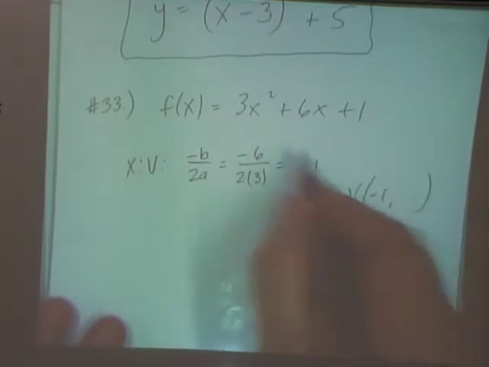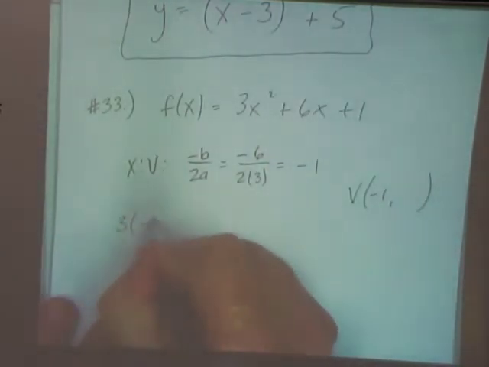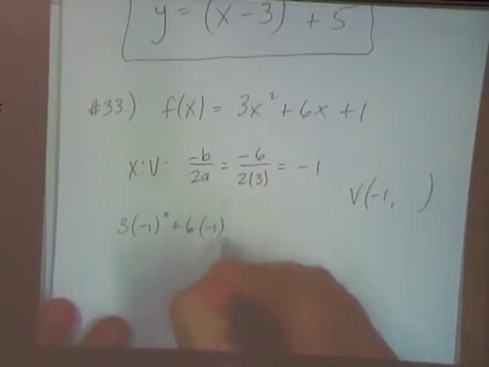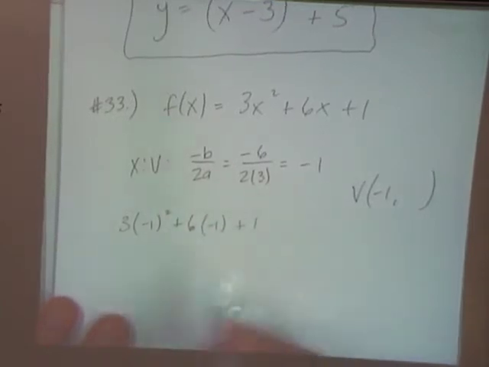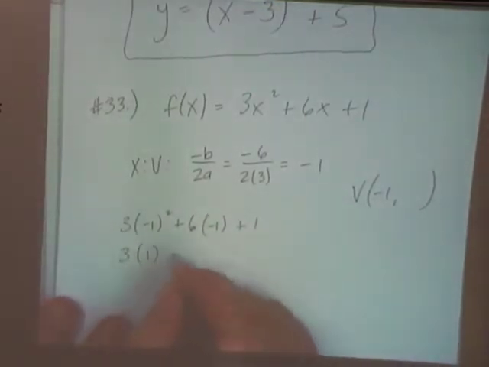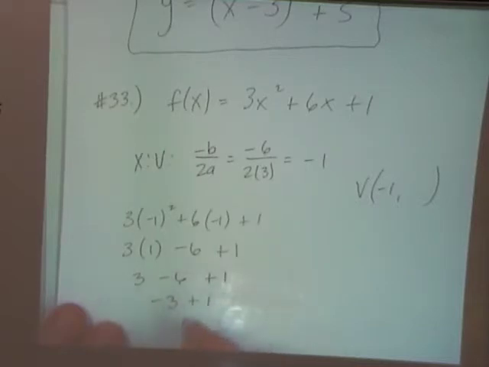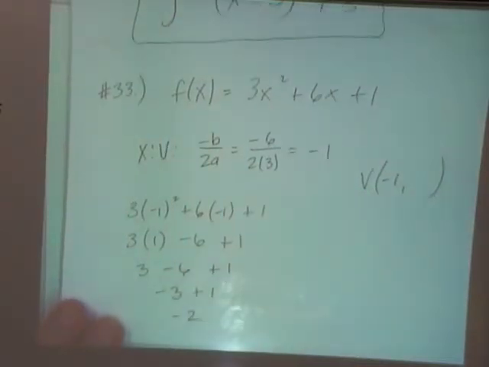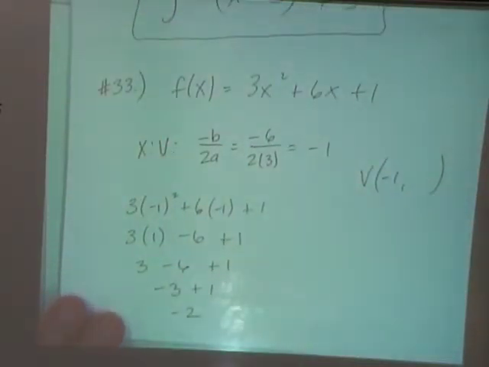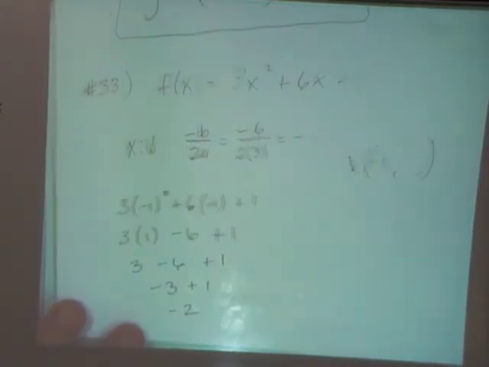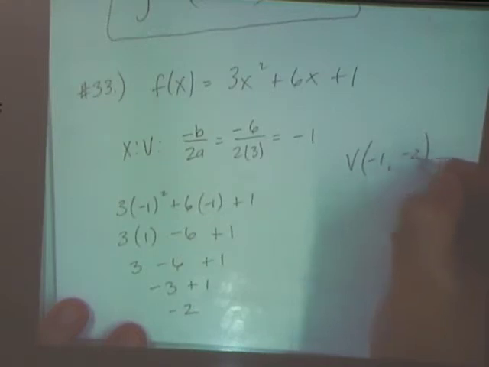Plug it in: 3 times (negative 1) squared plus 6 times negative 1 plus 1, which is negative 2.